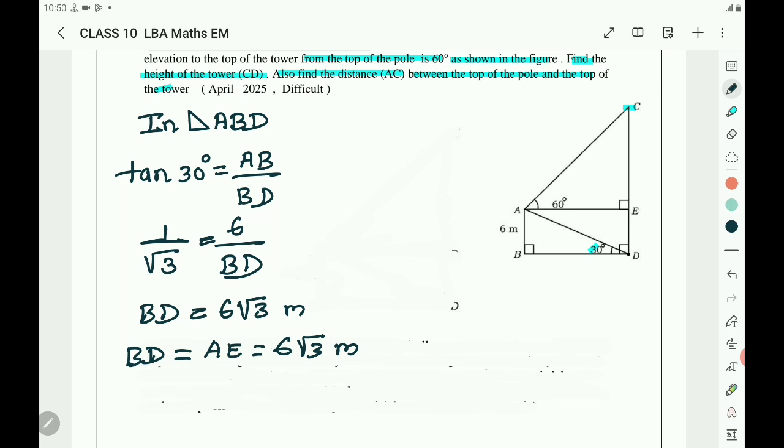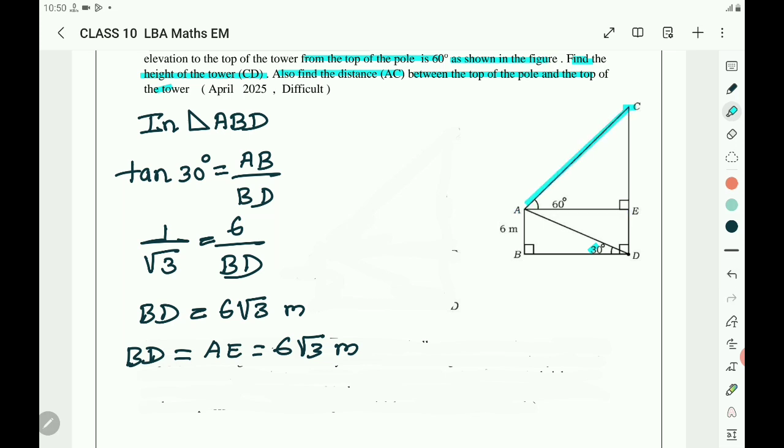Now you can use the right angle triangle AEC to get AC and CE. To get CE, we have to use the trigonometric ratio with the opposite side CE and the adjacent side AE, that is tan theta.